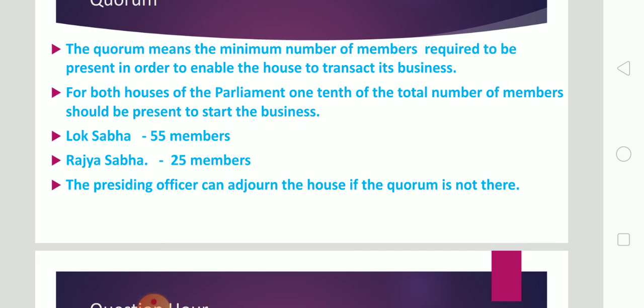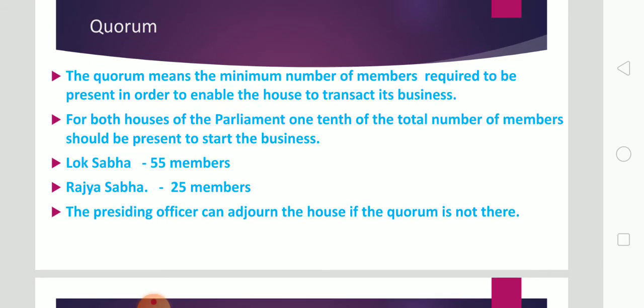So the minimum number of members for the meeting of both houses. For both the houses of the Parliament, 1/10, at least 10% of the total number of members should be present to start the business. For Lok Sabha, we know the maximum strength of Lok Sabha is 552.